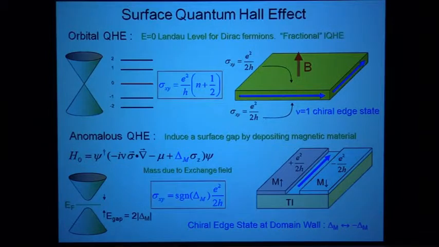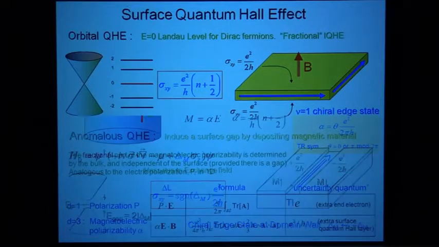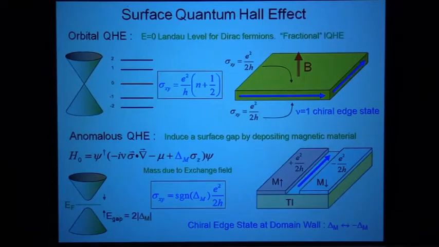Good. Okay. Another way that you can think about this. We have this kind of fractional integer quantum Hall effect, but it's really coming because we have the two-dimensional surface of a three-dimensional bulk.